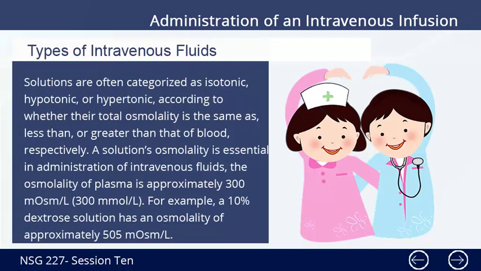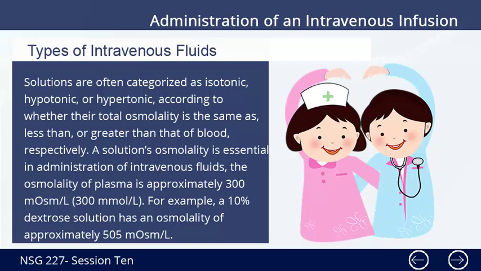Types of intravenous fluids. Solutions are often categorized as isotonic, hypotonic, or hypertonic, according to whether their total osmolality is the same as, less than, or greater than that of blood, respectively. A solution's osmolality is essential in administration of intravenous fluids.